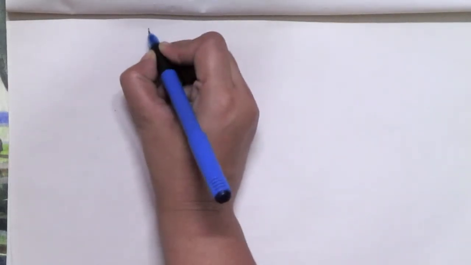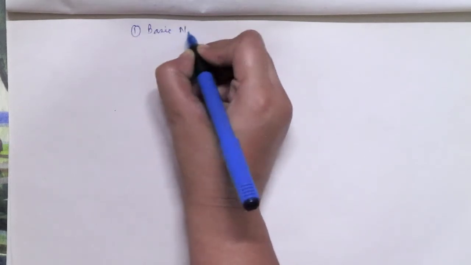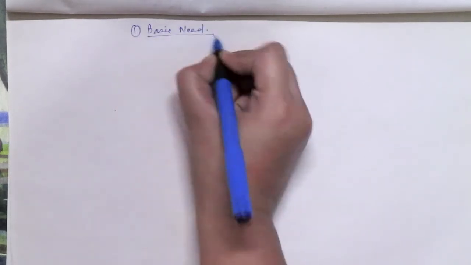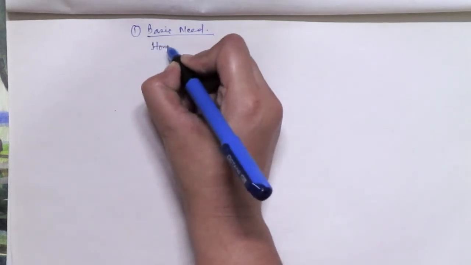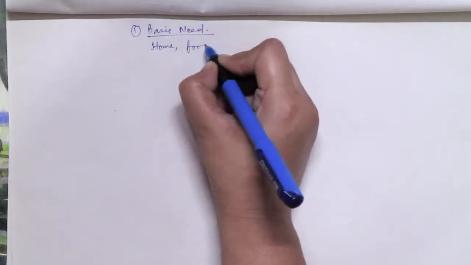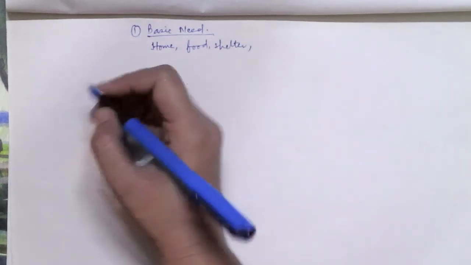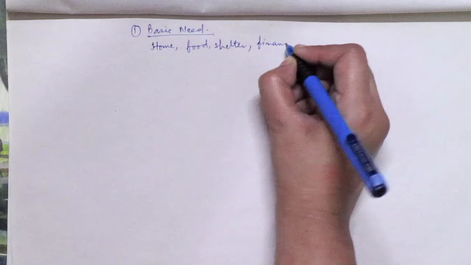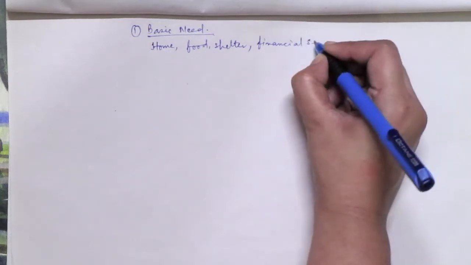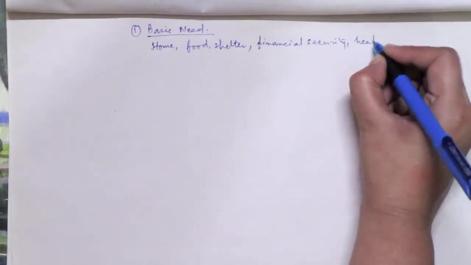Okay, so first of all, basic need. What are they? Home, food, shelter. Then comes financial security, health, safety.